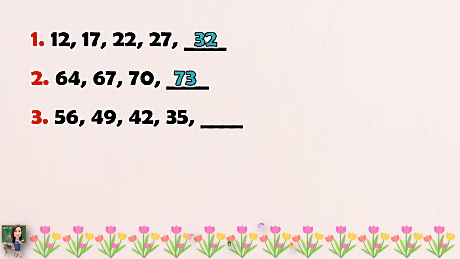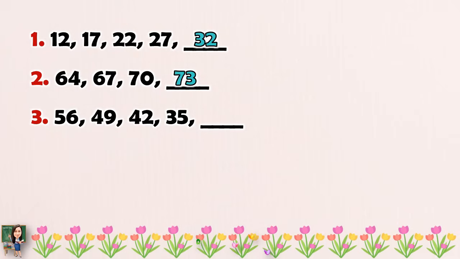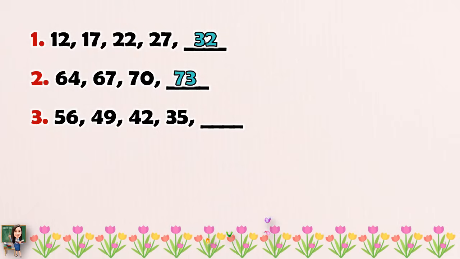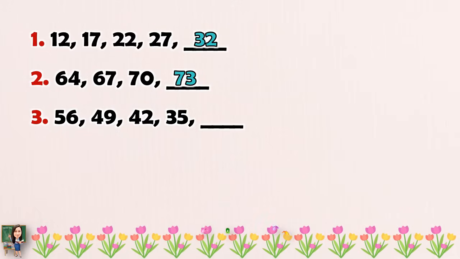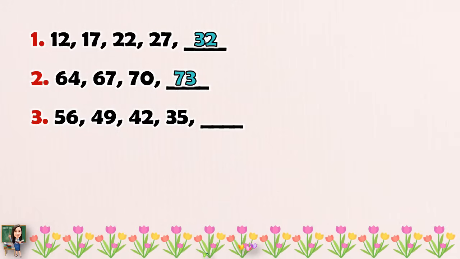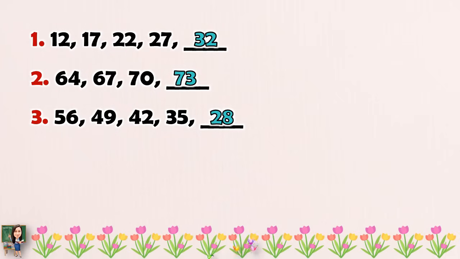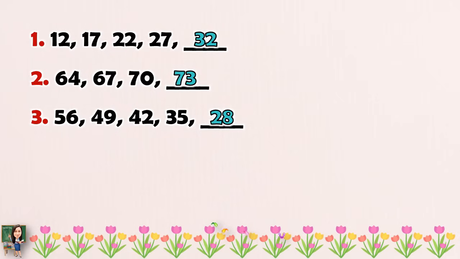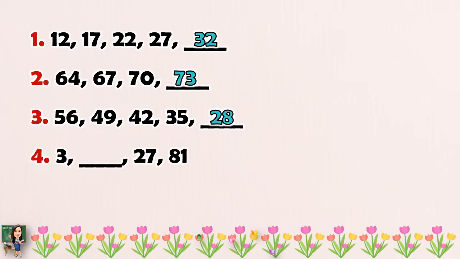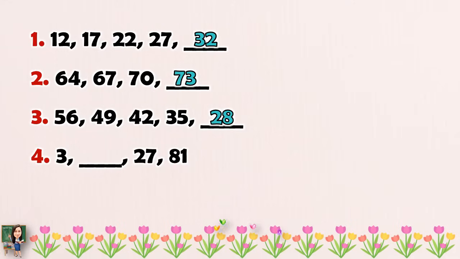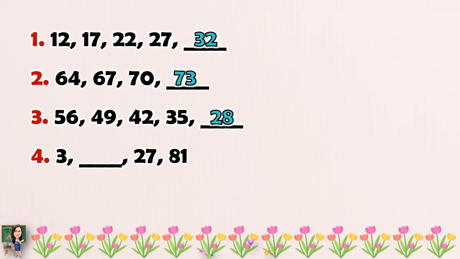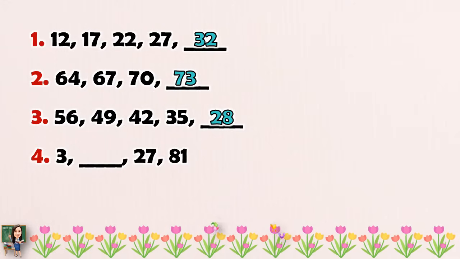Number 3. 56, 49, 42, 35. What is the missing term? Very good. The missing term is 28. The rule is subtract 7. Number 4. 3, blank, 27, 81. What is the missing term?